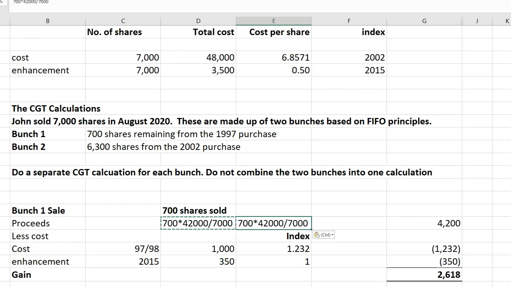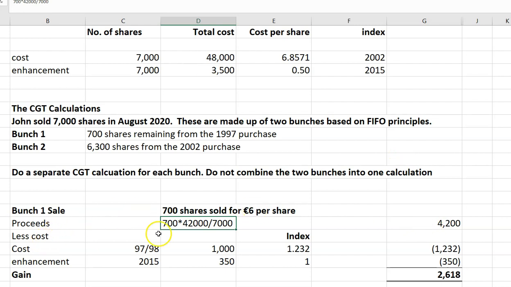And that will give you, if you multiply that out, 4,200. So you can work out the proceeds per share by just dividing the total proceeds by the total number of shares, which was €6 per share. It's easy enough to work it out.